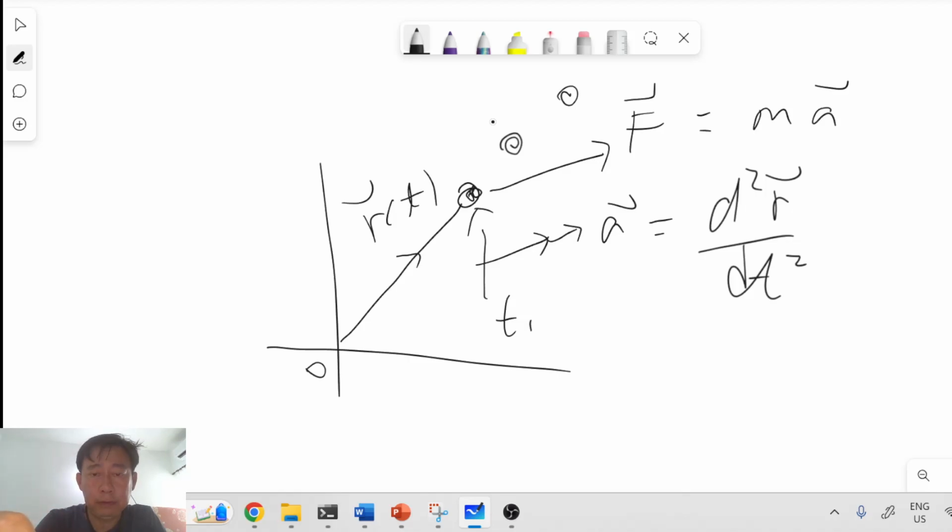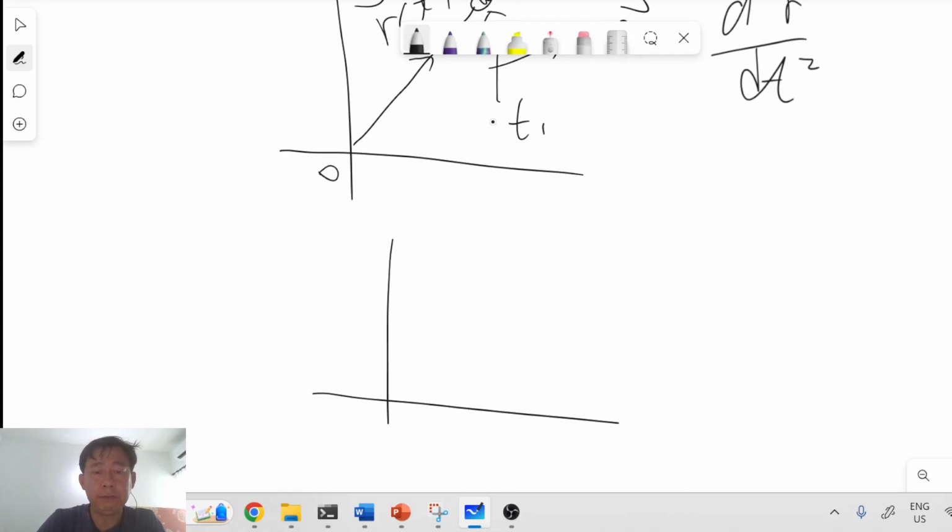Under the force, the particle will move to another location at t2, and as time evolves again, at t3 the particle will be located at a new location. So under the influence of the force, the particle will change its position from one point to another.